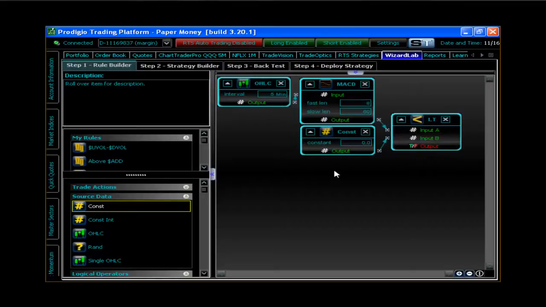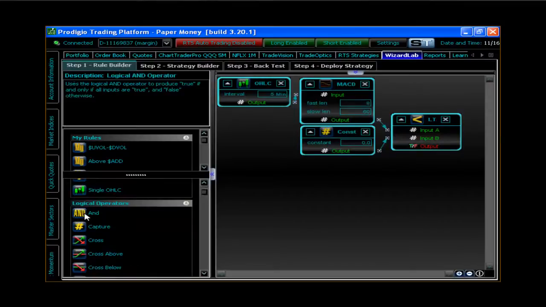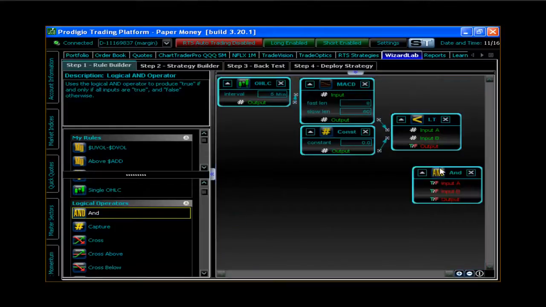So I'm going to use this MACD as a filter, and I'm going to combine it with a trigger. There's a logical operator called AND, and if I drag this out, it lets me combine more than one signal together. And the AND means I need all of the signals to be firing at the same time. So if you have a filter, which acts as something that fires signals a lot, like every bar, you can combine that with a trigger that's not as frequent.